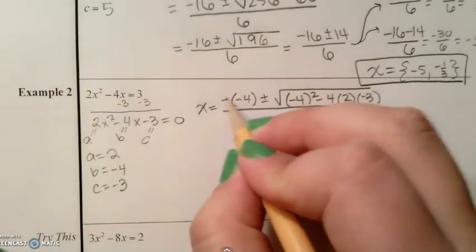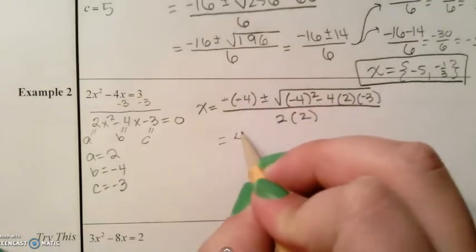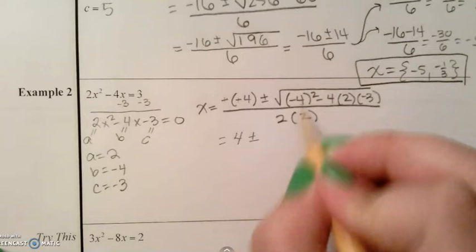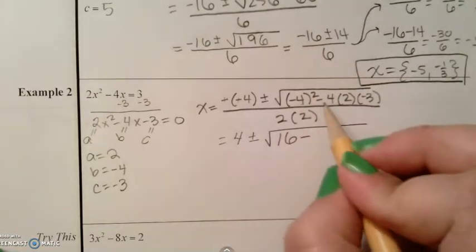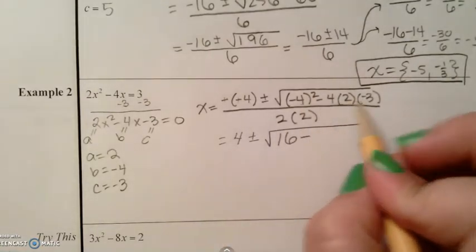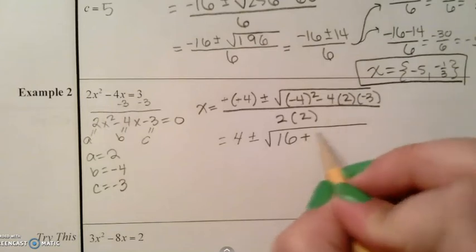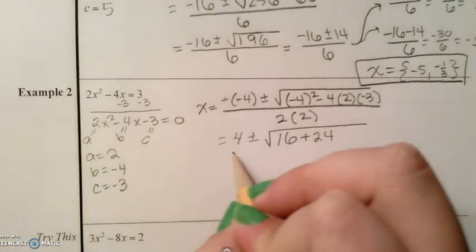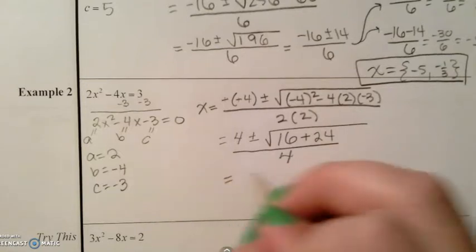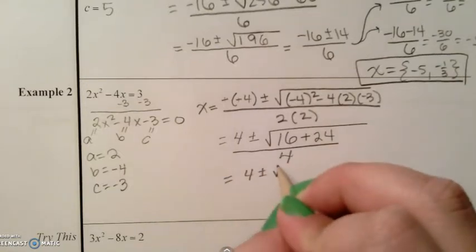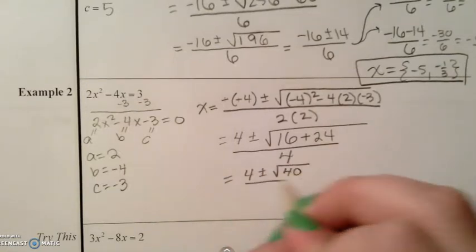Negative of a negative makes that a positive, so we get 4 plus or minus negative 4 squared is 16 minus, and then it's going to be negative 6 times 4, so it becomes plus 24 divided by 4. So we get 4 plus or minus the square root of 40 over 4.